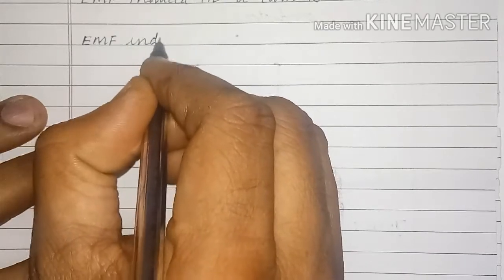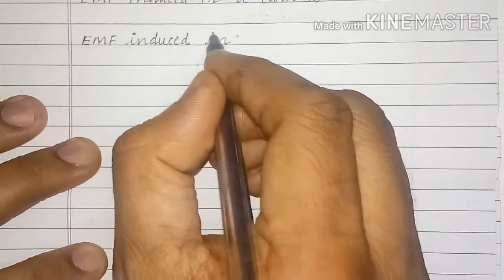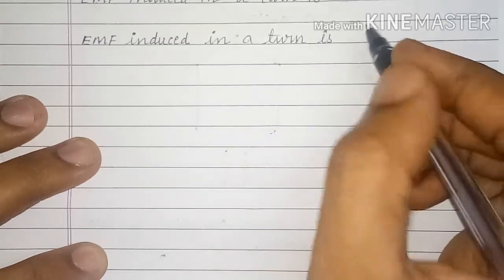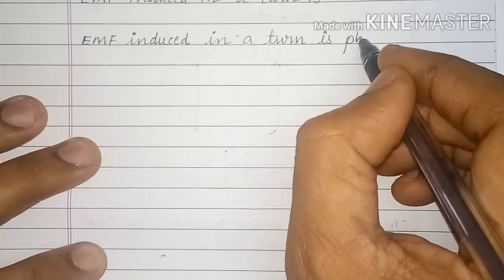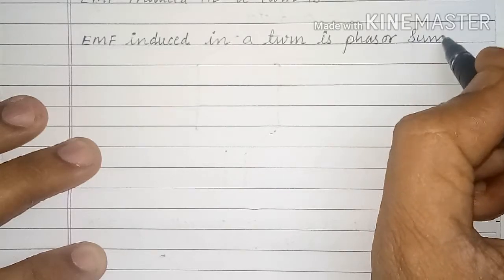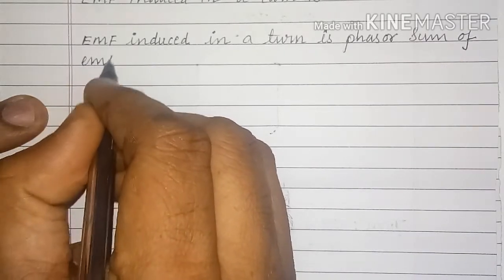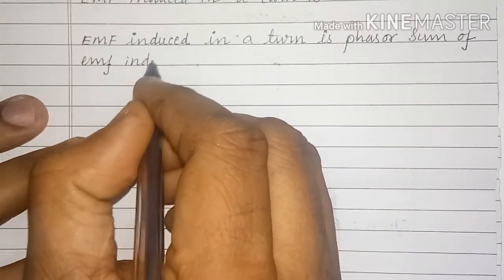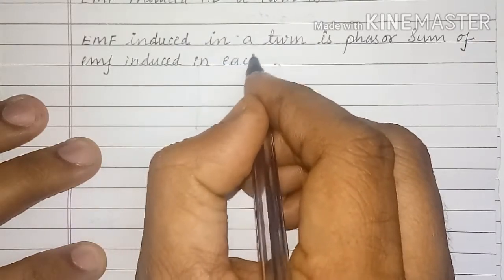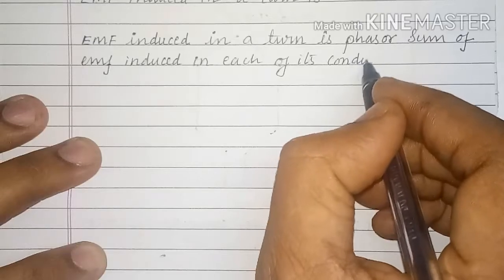EMF induced in a turn is phasor sum of EMF induced in each of its conductor.